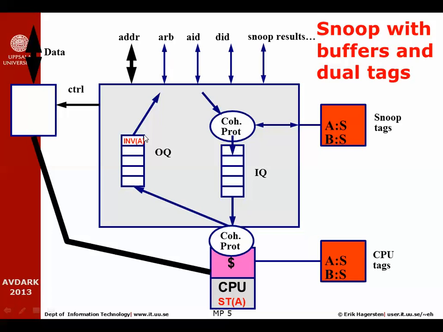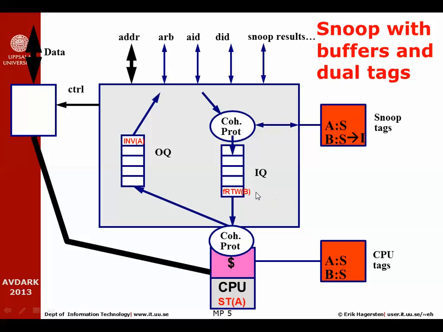While it's standing there waiting to be sent on the bus, another transaction will be snooped on the bus. Say a foreign read to write request for the cache line B. That will force the snoop tags to go from state shared to state invalid, and we're going to queue up the foreign read to write transaction in the input queue on its way down to make modifications to the CPU tags.